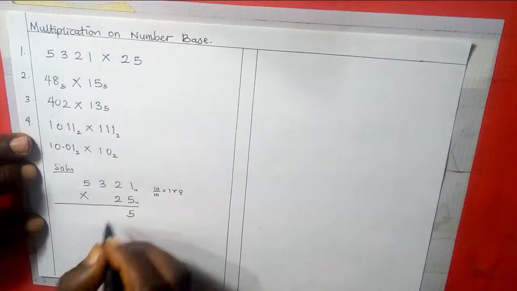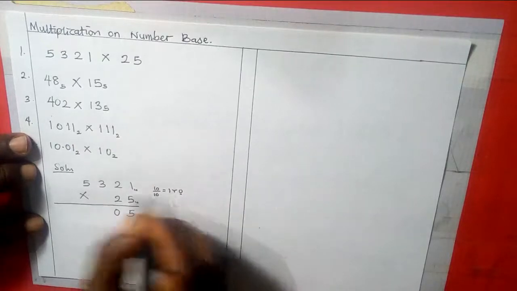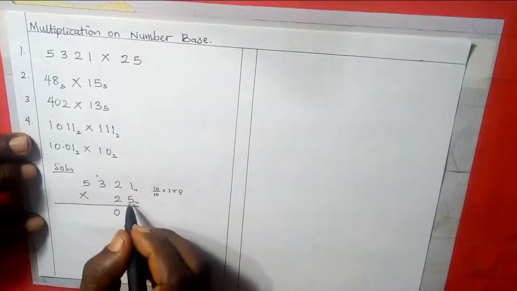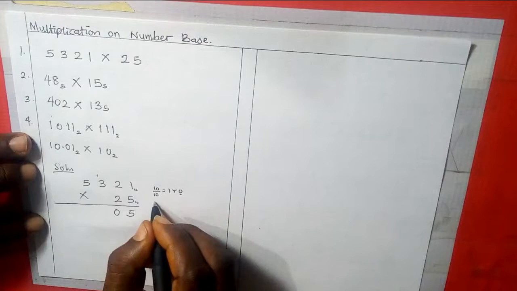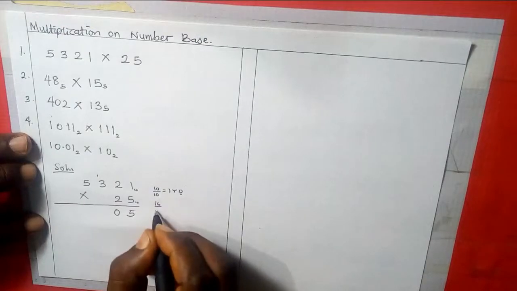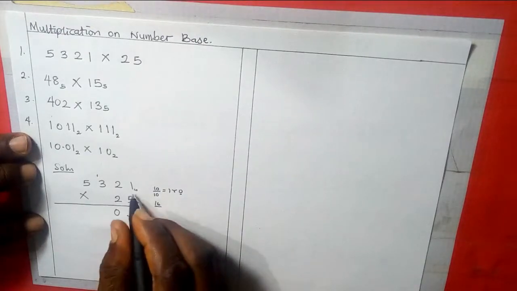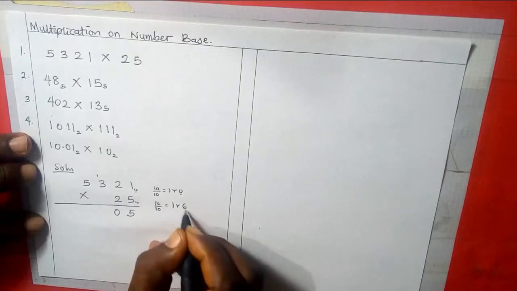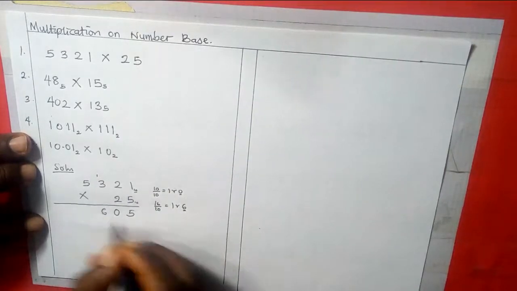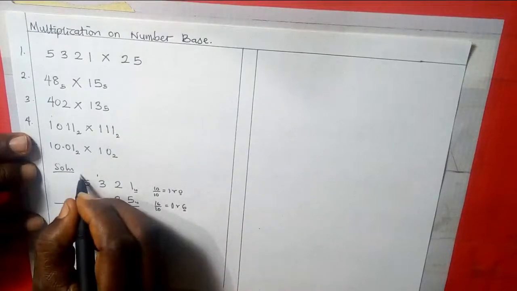You write the remainder and carry the 1 to the next place value. Now 5 times 3, 15, plus 1 carried, making 16. You divide 16 by the number base, 10, so it gives us 1 remainder 6. You write the 6 down and carry the 1 to the next place value.